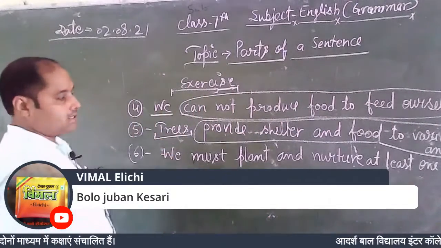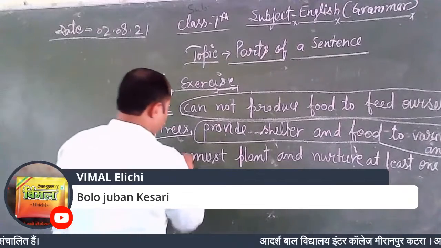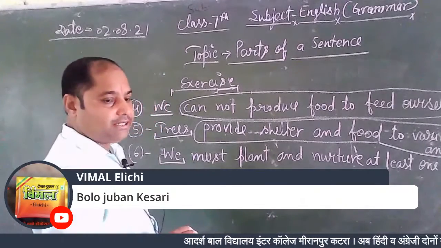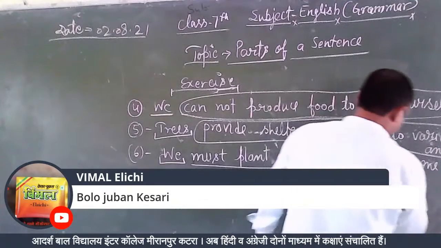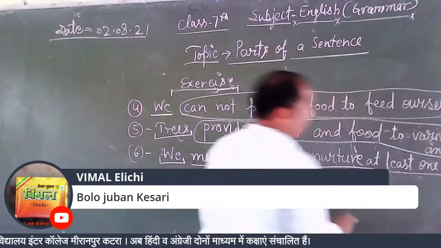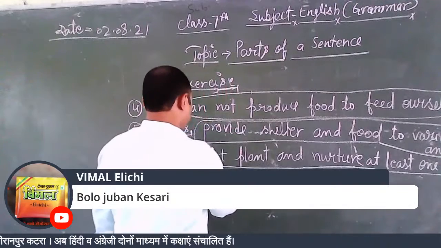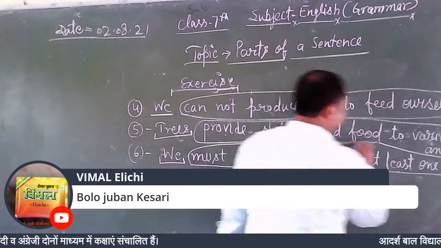In this sentence, we is a subject, must plant and nurture at least one tree, part of predicate.